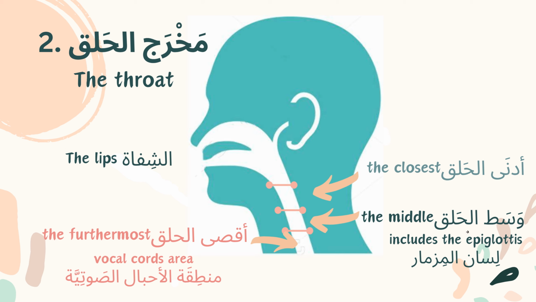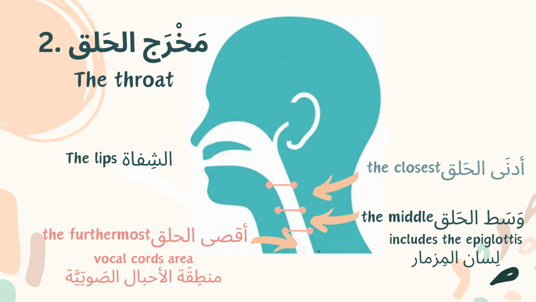And then we have the middle throat, which is wasat al-halq, and this part includes the epiglottis, which is called lisan al-mizmar. And I would like you to remember this because it has to do with the pronunciation of the letter Ain in the middle throat. And then we have the closest throat, which is Adna al-Halq.